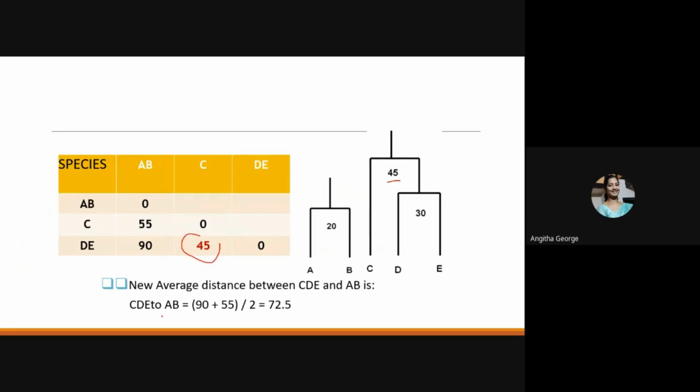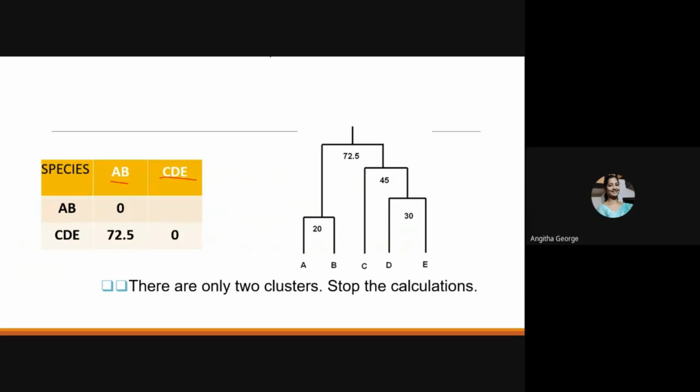And I have to find the distance between AB to CDE. The distance between AB to CDE is, while considering this distance matrix, AB to C plus AB to DE. So AB to C is 55. And AB to DE is 90. So 90 plus 55 divided by 2 is equal to 72.5. So I can fill the newly generated distance matrix with all these values.